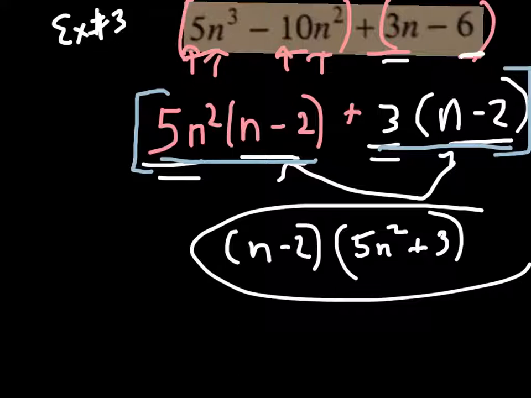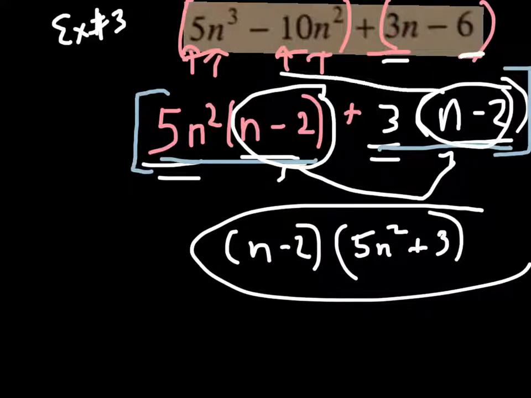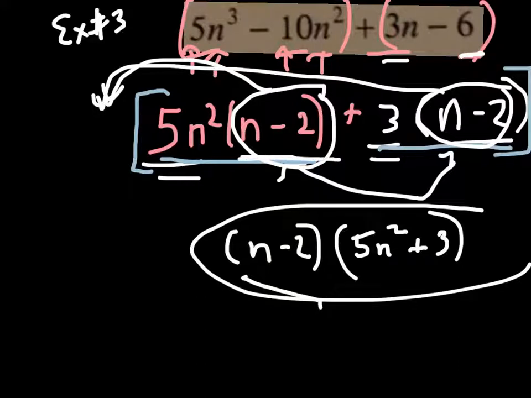So I essentially am pulling this out of both of these and put it in front, which is this term. And then when I pull out this factor, I'm left with this, goes there. And when I pull out this factor, I'm left with this, 3 goes there. But if you memorize the system, you won't have to really worry about why it works. It's just the way you factor by grouping.